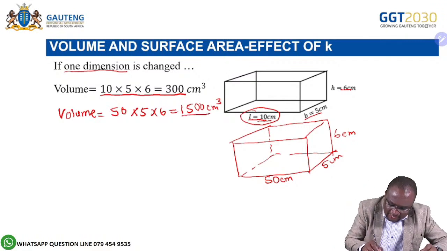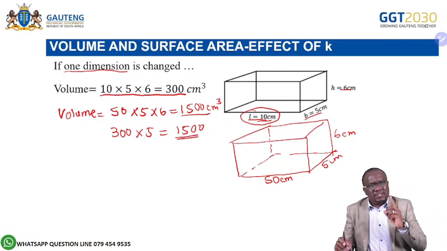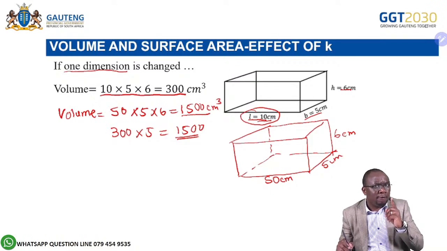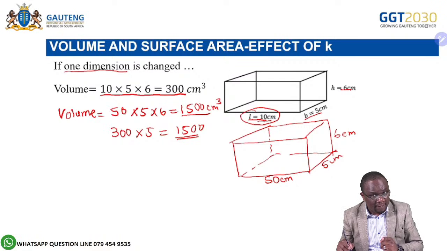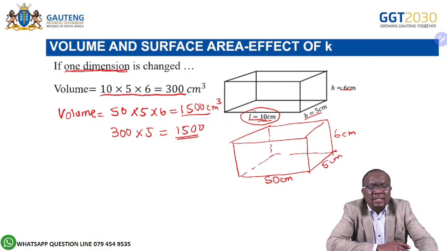Because 300 times 5 gives us 1,500. So if we change one dimension by a factor of 5, then the volume also will change by a factor of 5, not 5 cubed, because we only changed one dimension. Does it make sense? Okay, yes.